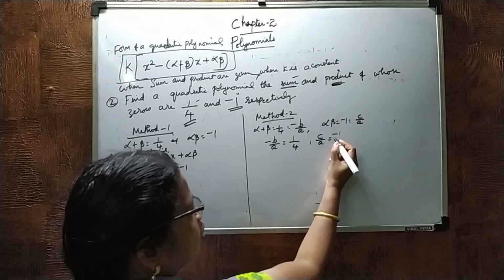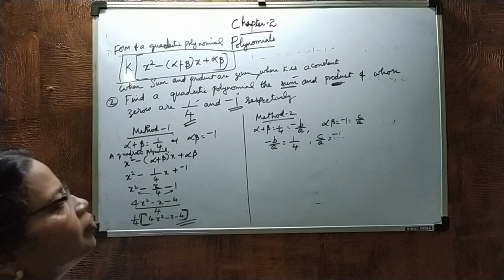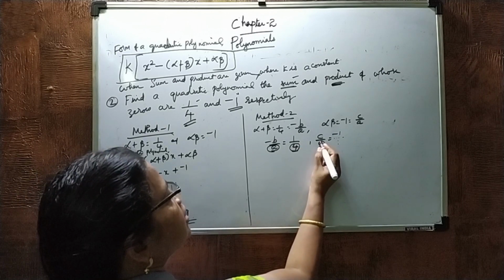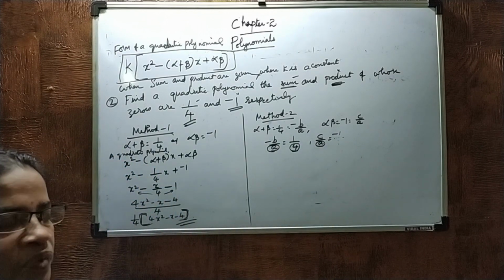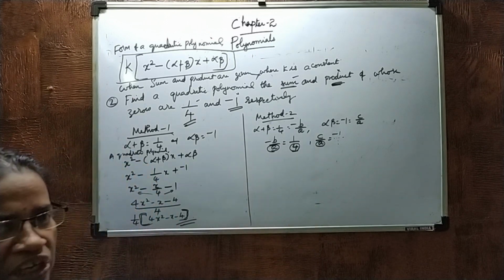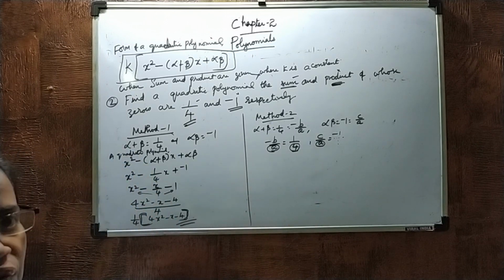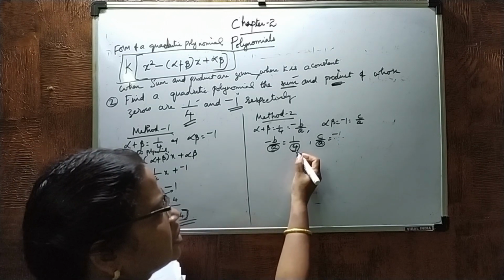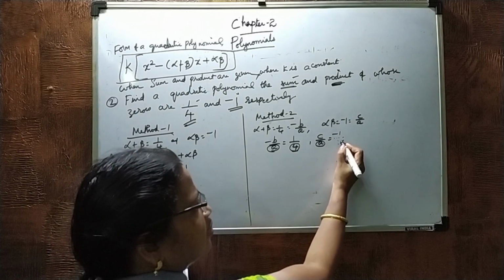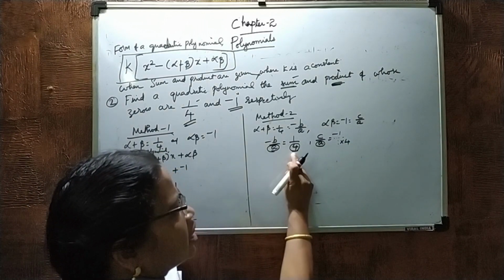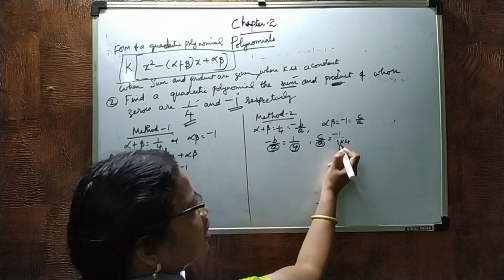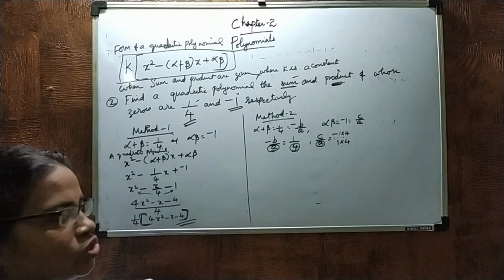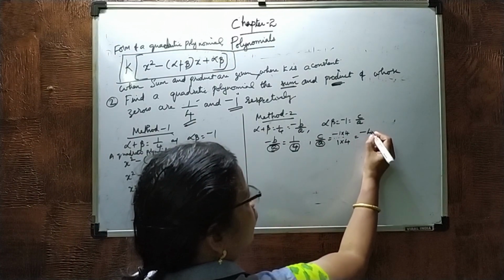Now look, here 1 is there, but a is equal to 4 in one place, and in the other a is equal to only 1. So both are different. Which one will you take, a equal to 4 or a equal to 1? Take the number which is more than 1, that is 4, and multiply this 1 with 4, and do the same thing on the top also, so it will be negative 4 by 4.